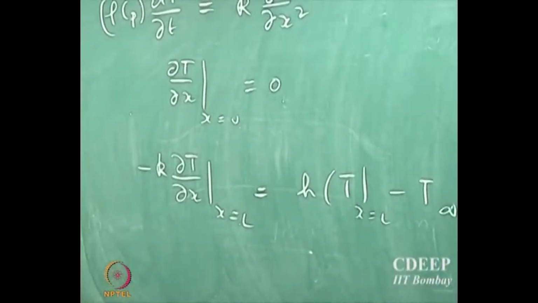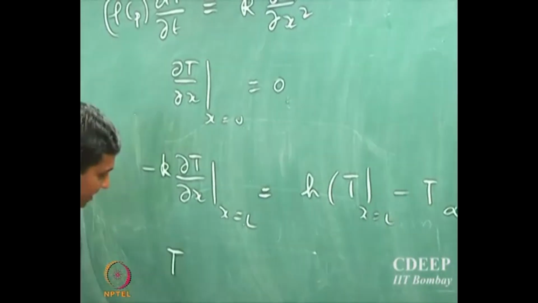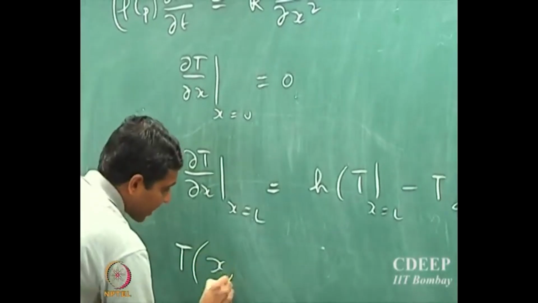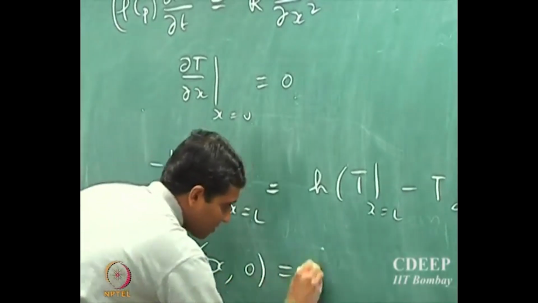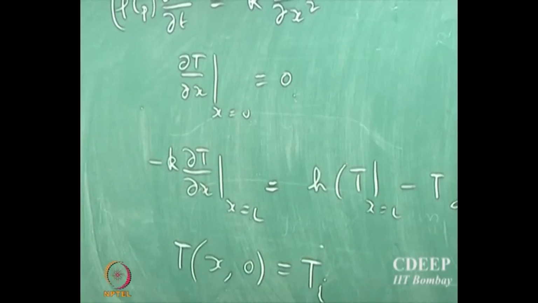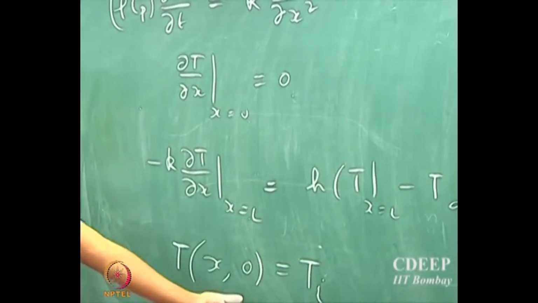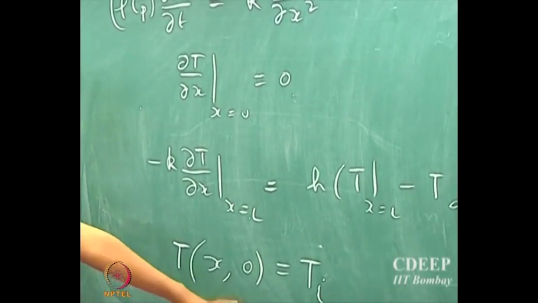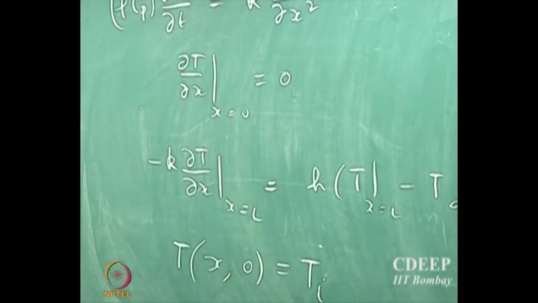That's the boundary condition, and the initial condition will be T at x comma 0 equal to Ti. So the initial temperature of the slab is uniformly Ti, and one could even assume a certain temperature profile as an initial condition, but let's not worry about that right now.